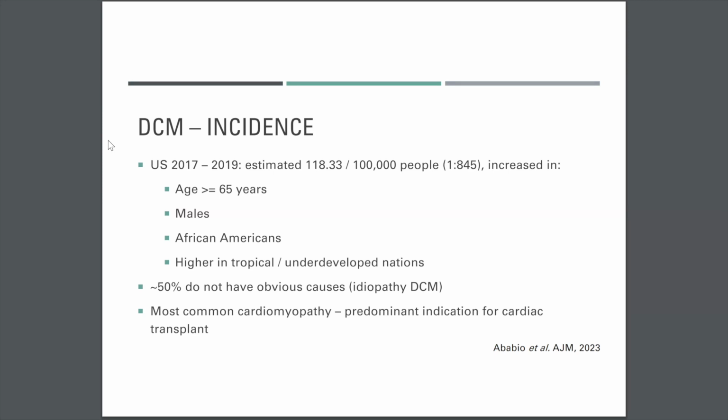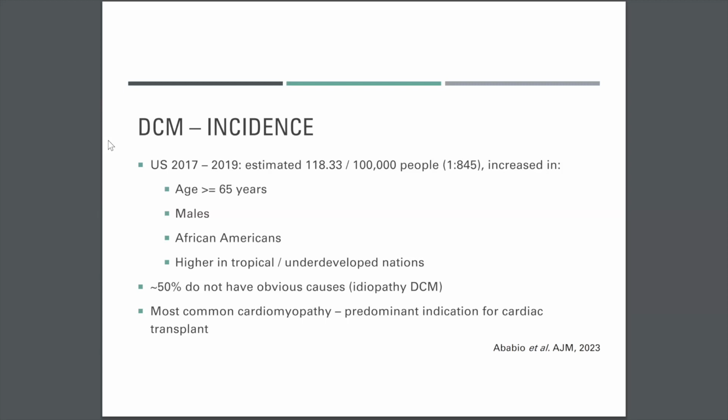Globally, DCM is seen in higher prevalence in tropical and underdeveloped nations, probably because in the tropics there are more infectious etiologies such as Chagas disease, and in underdeveloped nations there can be nutritional deficiencies that lead to dilated cardiomyopathy. In about half of cases there's no obviously identifiable cause, so we call it idiopathic dilated cardiomyopathy.